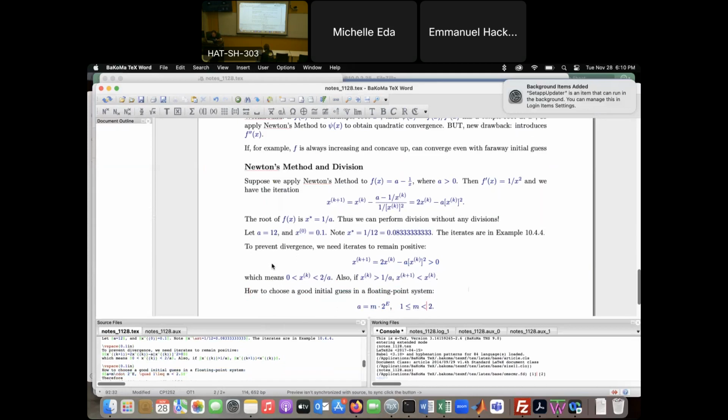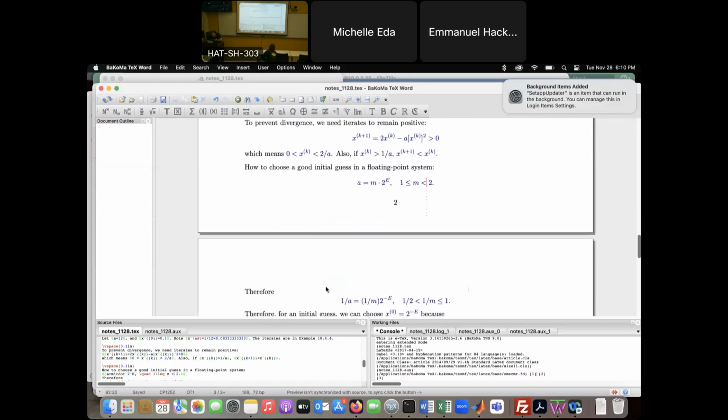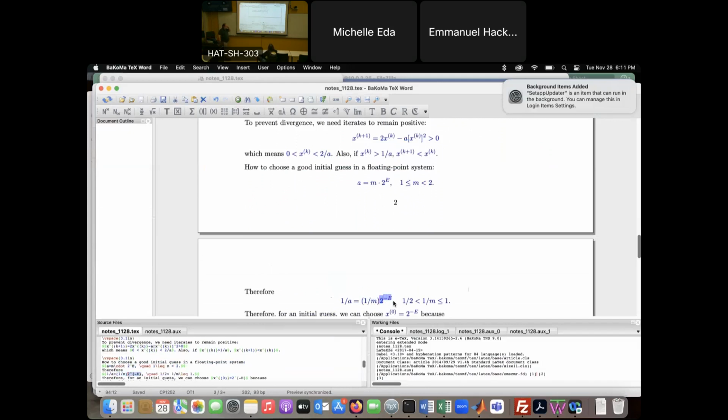So that means you actually know something about the reciprocal. So 1 over a is 1 over m, now we don't know what that is, times 2 to the minus exponent. In other words, you know the order of magnitude of your unknown reciprocal.